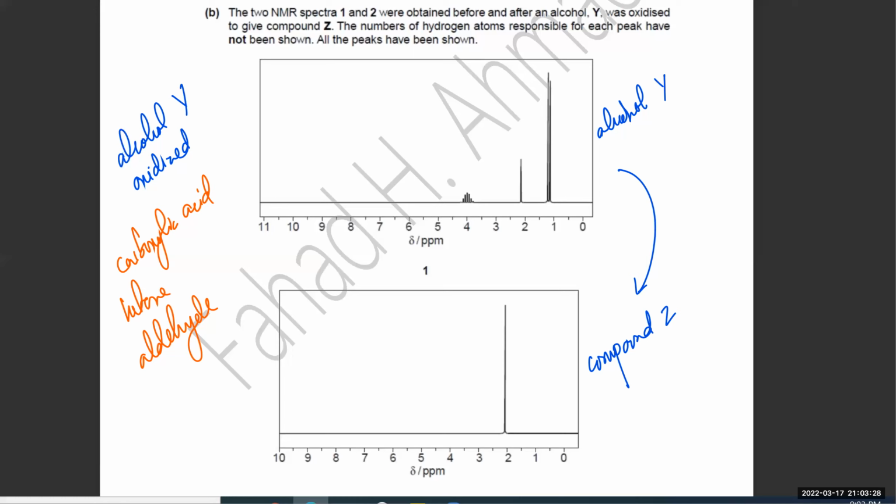So I don't think a carboxylic acid is possible, because a carboxylic acid is never going to have a single peak. Is that clear? Yes, sir. So I'm ruling out carboxylic acid.